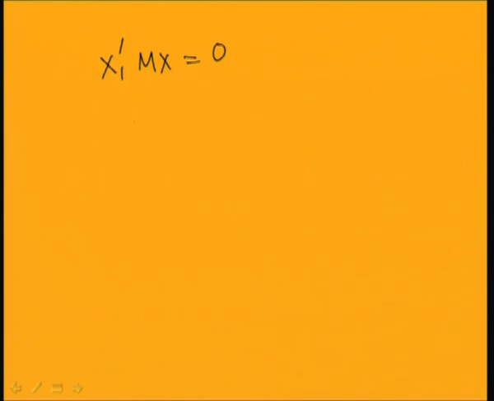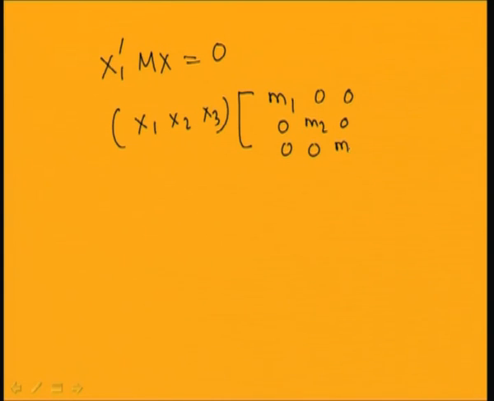This x1 dash you can write in this form, x1 x2 x3 transpose, into, let me take a 3 degrees of freedom system, the mass matrix m1 0 0, 0 m2 0, 0 0 m3, into x1 bar, x2 bar and x3 bar.